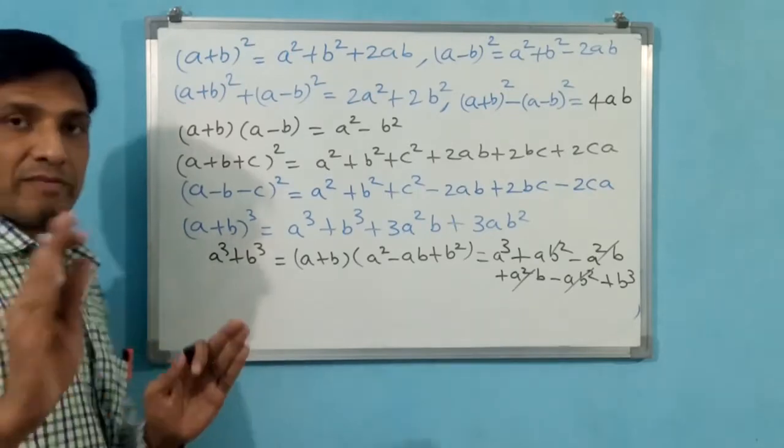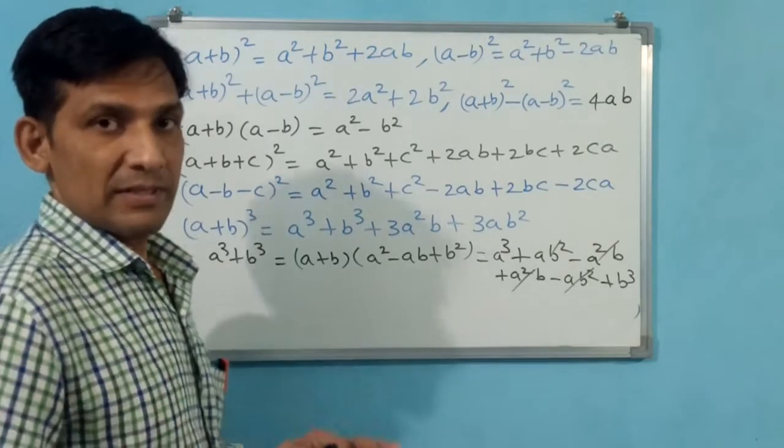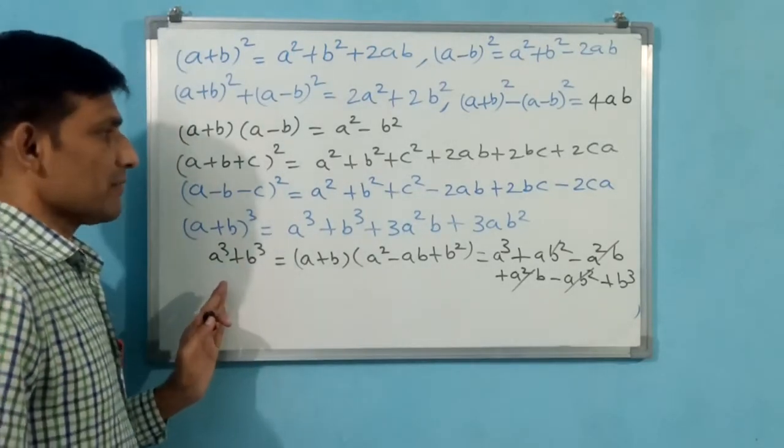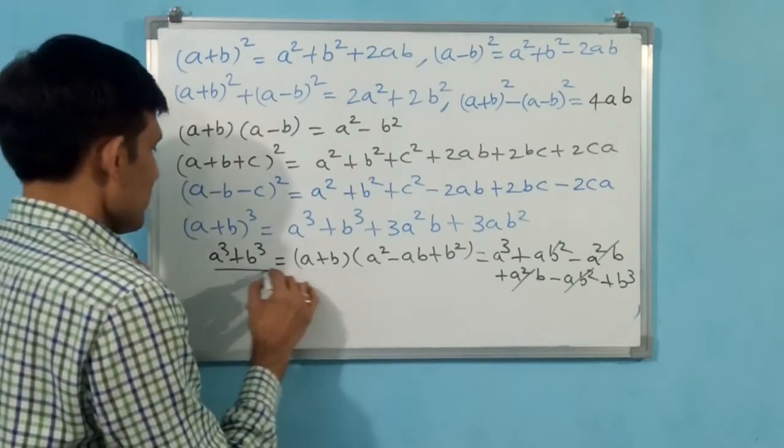Based on this formula, several questions are going to come for our syllabus. That is why this formula is very, very important for us. This you have to keep in mind.